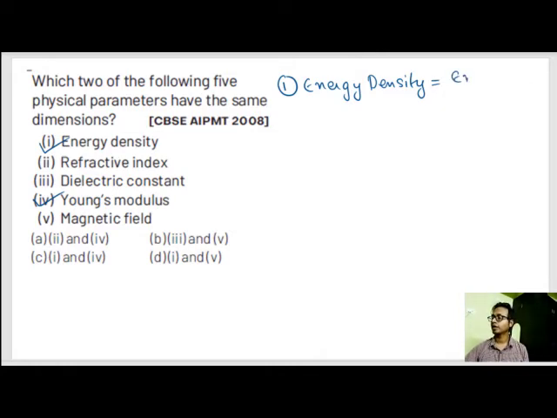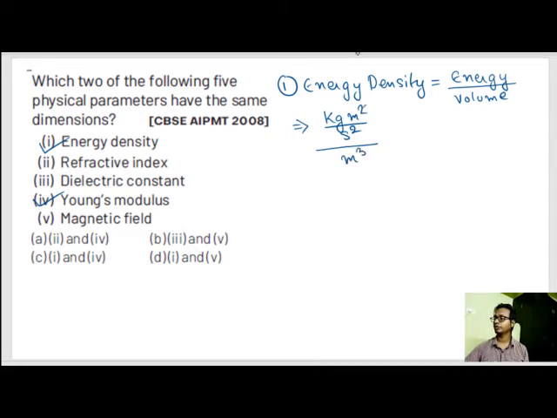The unit of energy is kg meter square by second square, and the unit of volume is meter cube.